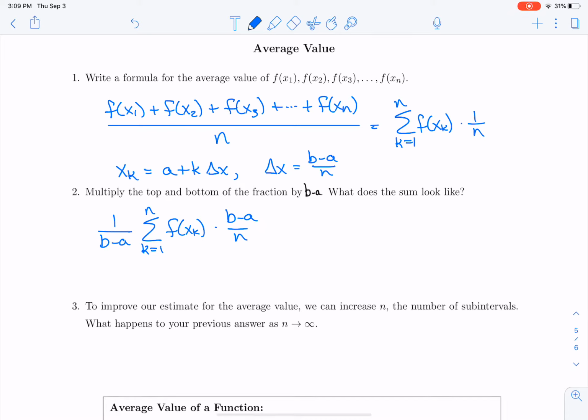So I haven't changed the average at all. But I now have 1 over b minus a, sum from k equals 1 to n of f of xk times delta x, because b minus a over n is delta x. And now this looks like a Riemann sum.